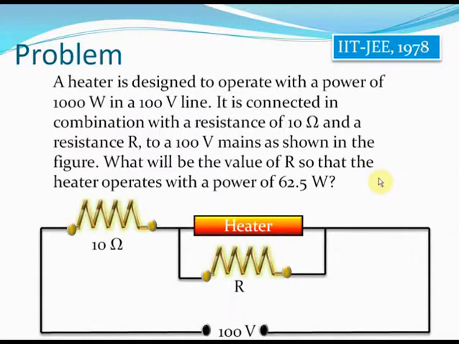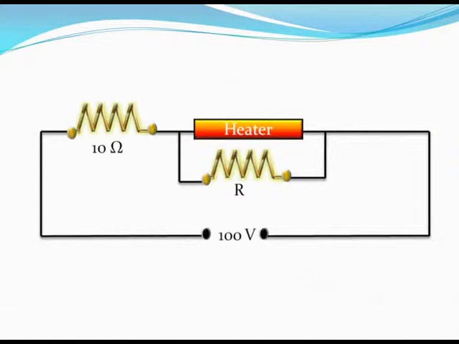Let us first see what is actually happening in this question. What does the statement of the question mean? Basically, we are given this heater. This heater is connected to a 100 volt voltage source. There's a 10 ohm resistance between the heater and the voltage source, and there's a resistance R connected in parallel with the heater.